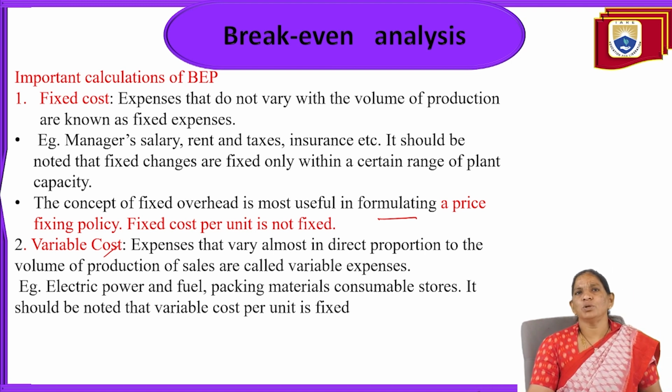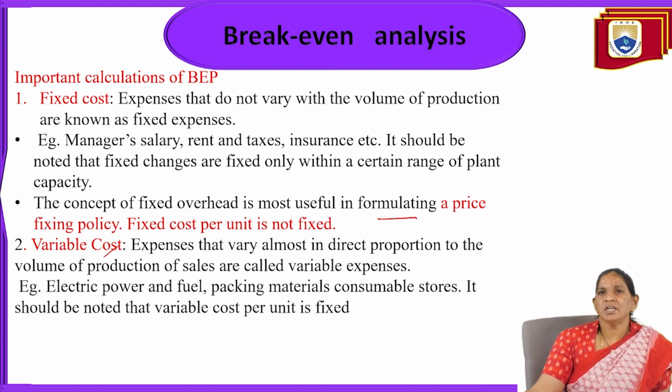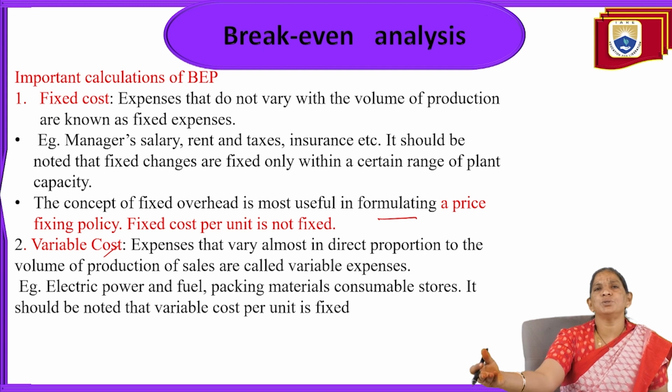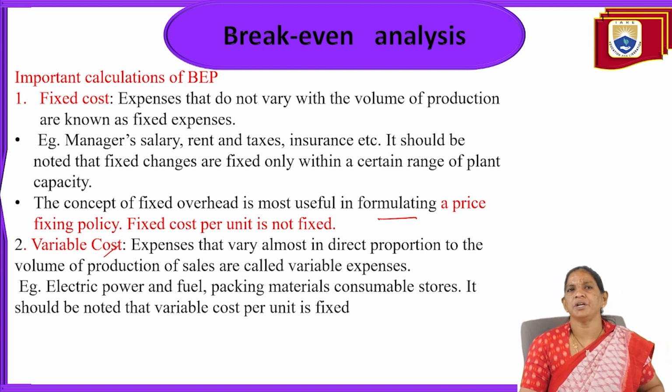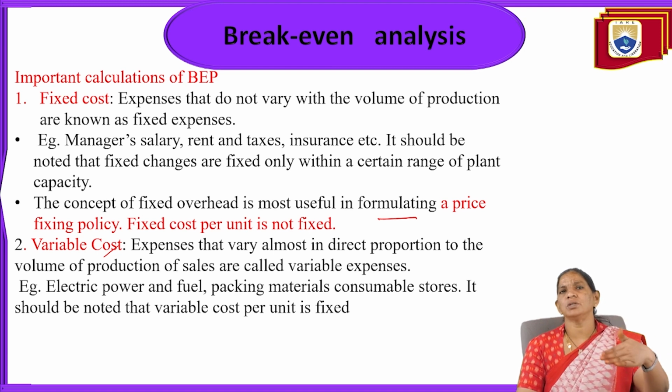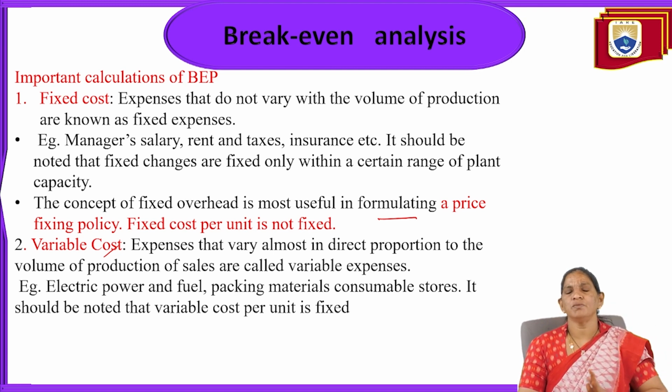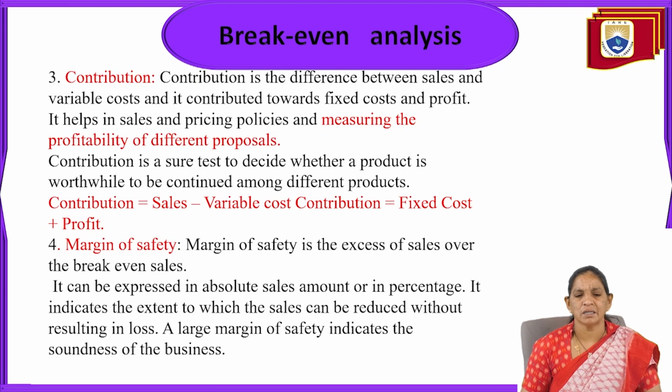And like labor: if 10 people are there, we should pay for 10 people. If 12 people are there, we must go for an increase in the cost, that is 12 people must be paid. Means as the number of units or the number of people increases, the variable cost will also increase.